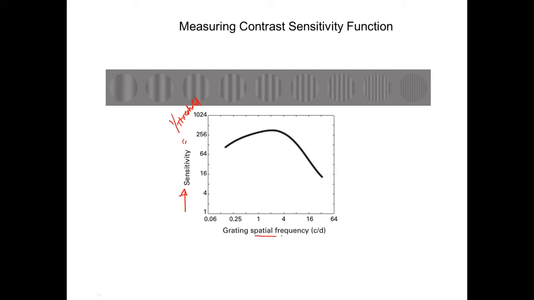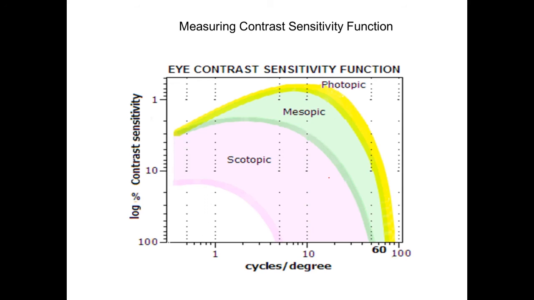As the spatial frequency of the grating increases, you can see that until a certain maximum the sensitivity increases and then drops drastically. This is called the contrast sensitivity function, because it takes care of many grating frequencies.